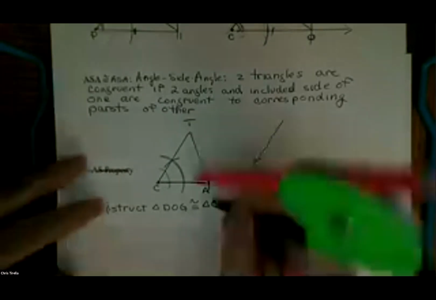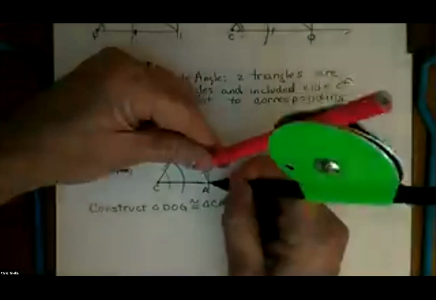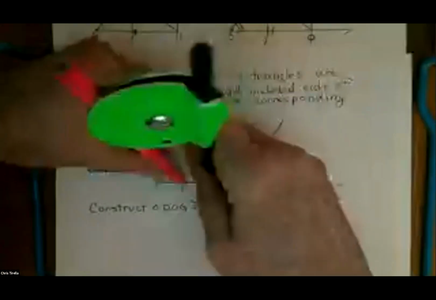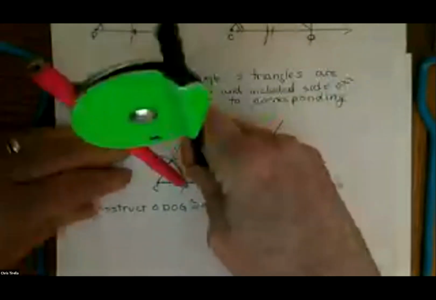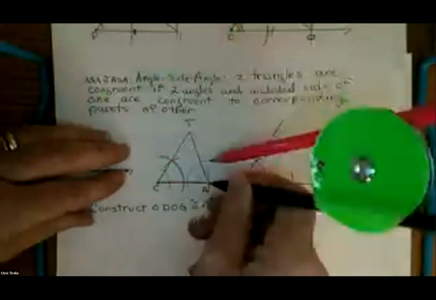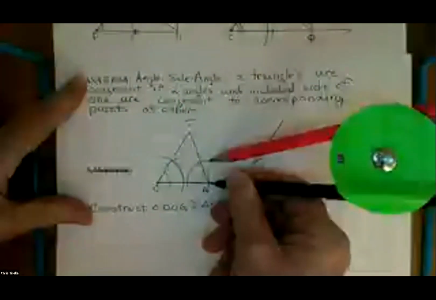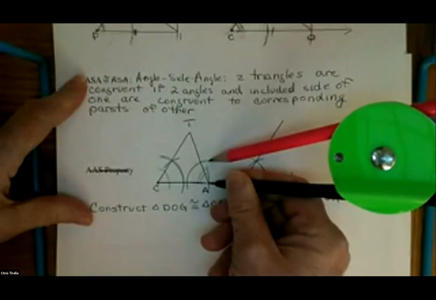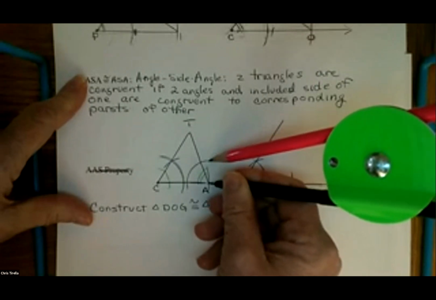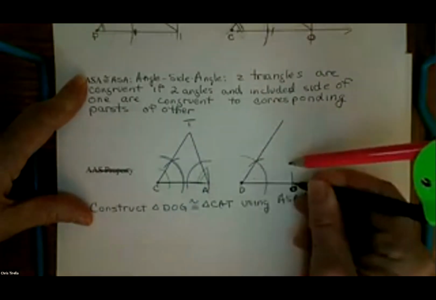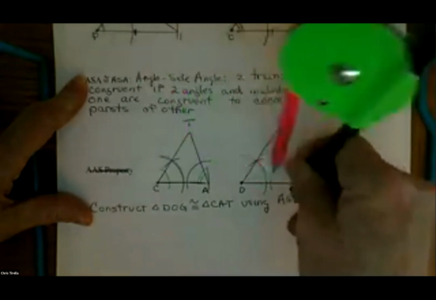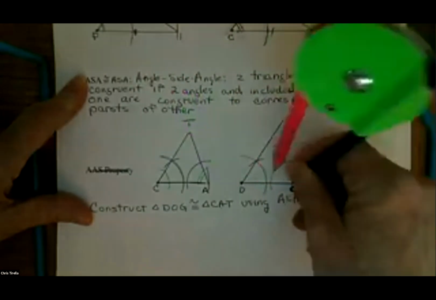Let's do it again. I'm going to put my point at A. I'm going to try to make it so that the arcs don't overlap too terribly much. I'm going to swing an arc that intersects both sides of A. A corresponds to O, so with the point at O, I'm going to swing another arc of the same radius.